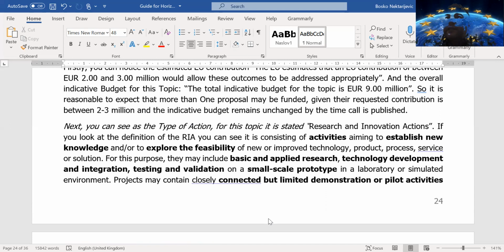And at this point, you need to go to a definition of what exactly a research and innovation action is. Now, if you look carefully, it states that it consists of activities aiming to establish new knowledge and explore the feasibility of new and improved technology, product, process, service, or a solution. For this purpose, they may include basic and applied research, technology development and integration, testing and validation of small-scale prototypes in a laboratory or simulated environment.